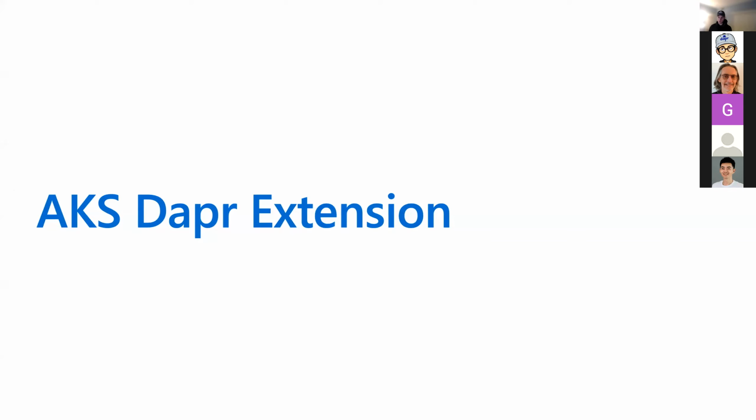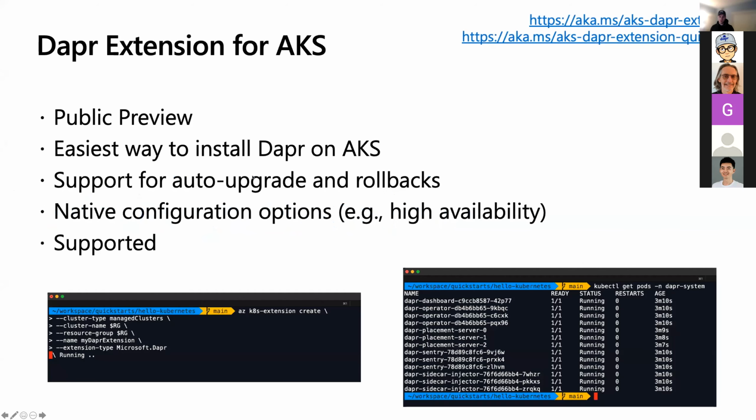So next topic is the Dapr AKS extension, and I will cover this one. About 2 weeks ago during the Unite conference, the Dapr AKS extension was released as a public preview feature. You would use this extension through the Azure CLI using cluster extensions, which is something that you need to opt into.